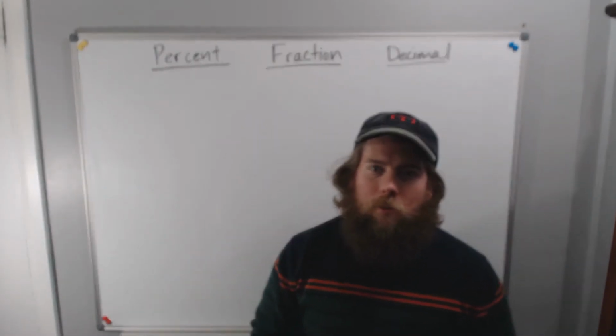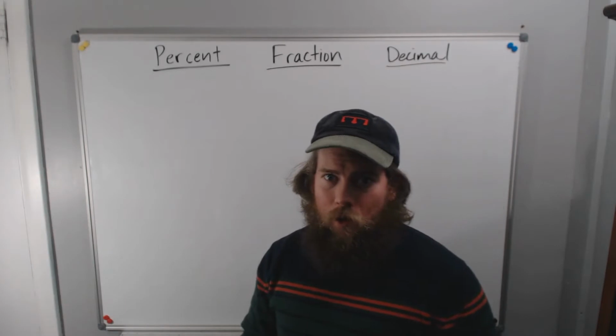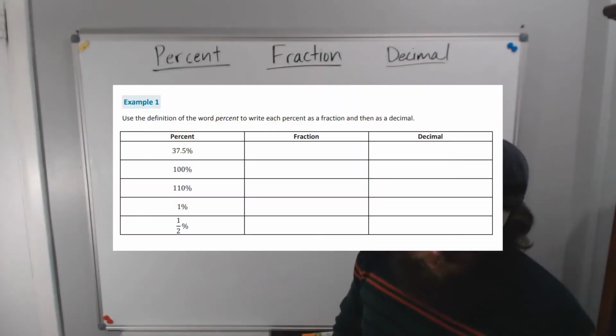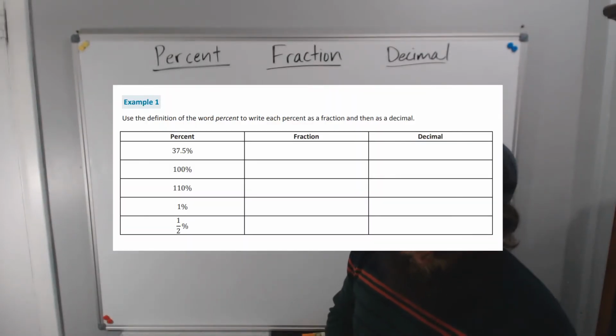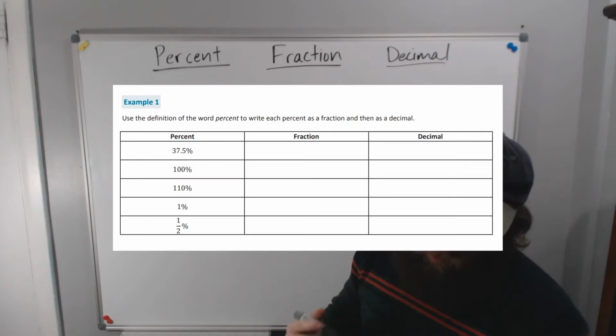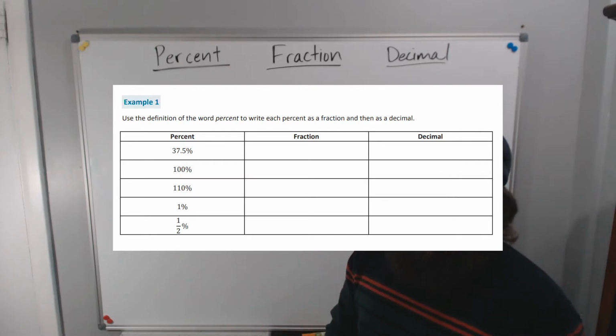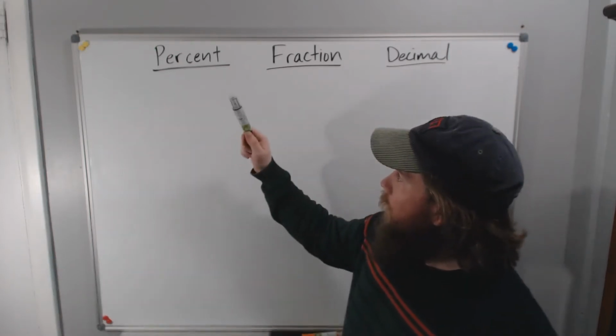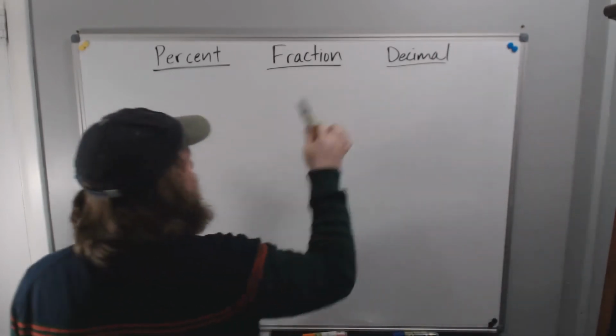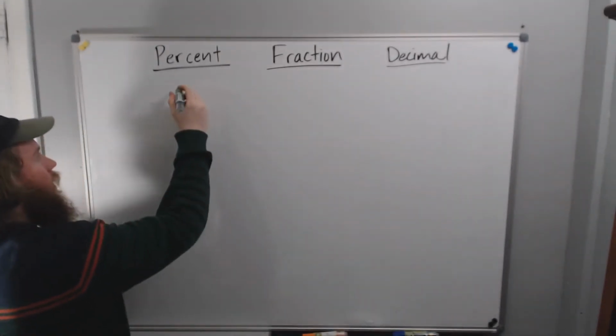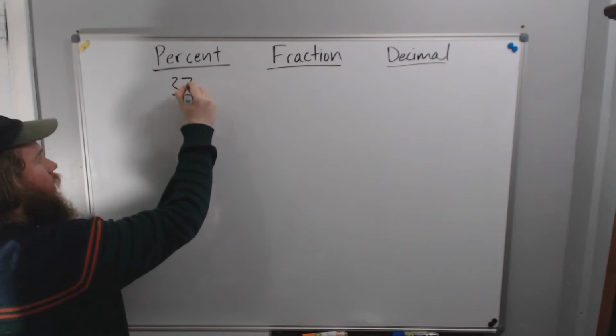All right, so let's go ahead and jump into example 1 here. It says, use the definition of the word percent to write each percent as a fraction and then as a decimal. So we've got percent, fraction, decimal, and the first one it gives us is 37.5%.